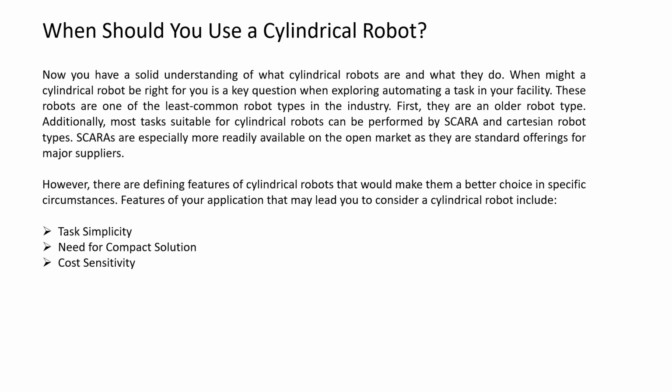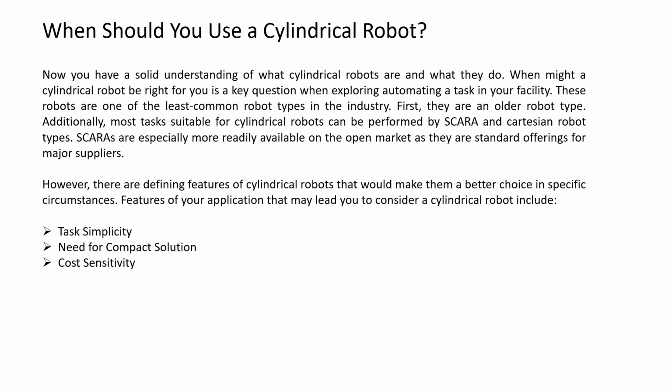So when should we use the cylindrical robot? So it offers some unique features like task simplicity. If the task is very simple and we need a compact and cost sensitive solution, then we can think of the cylindrical robot, as it has a smaller number of joints, the cost is less, and also it is a compact solution.